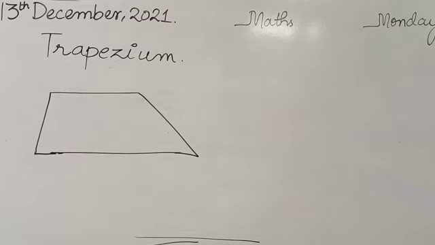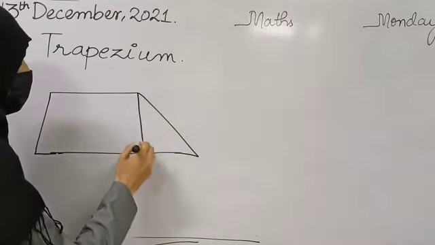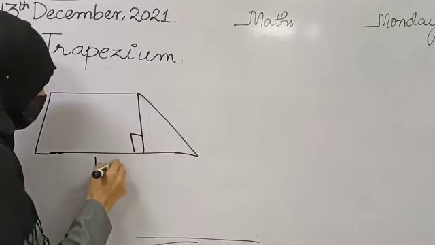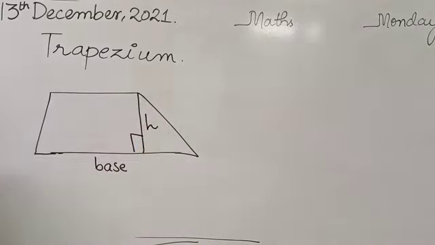So the first identification of a trapezium is this: we have a pair of parallel sides. Now how to find out the area of this trapezium? Just like parallelogram, we will draw a perpendicular and identify its base. This is base, this is height.